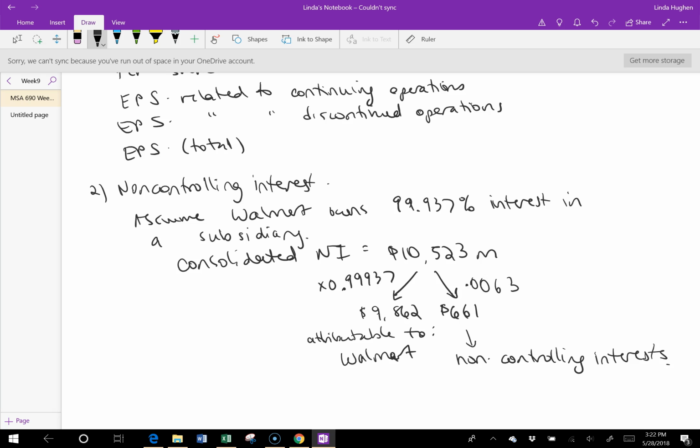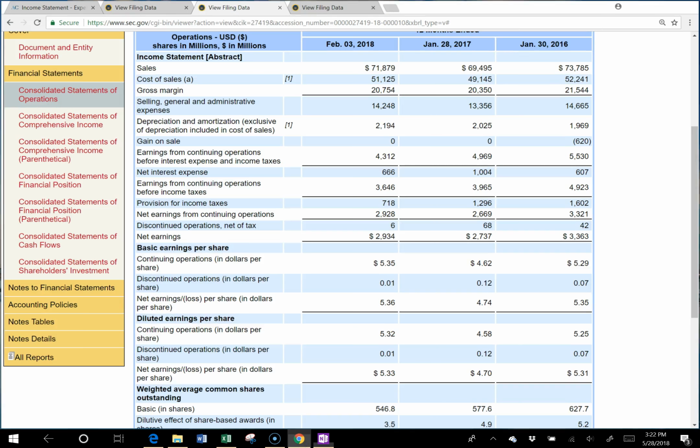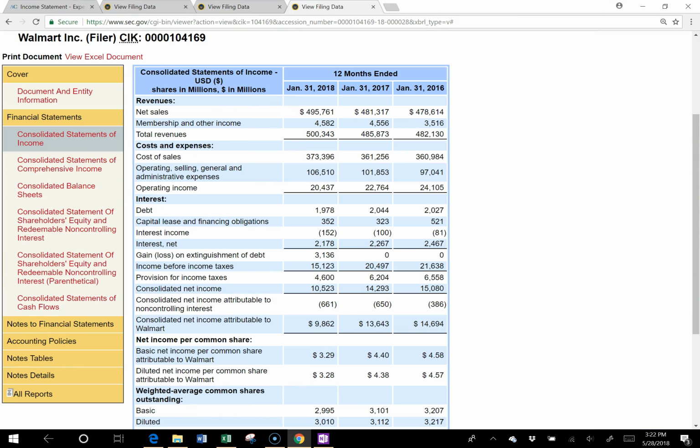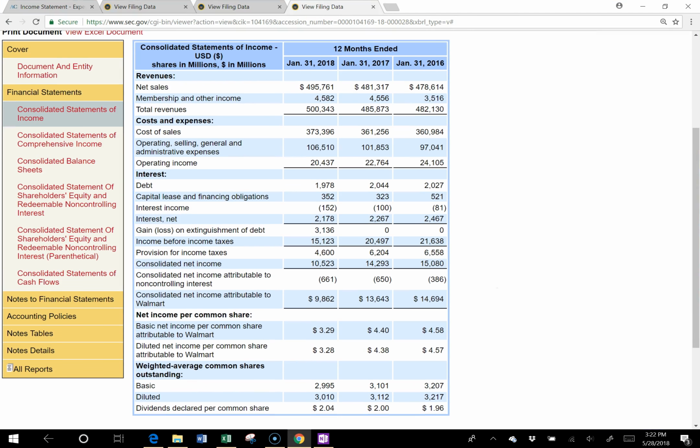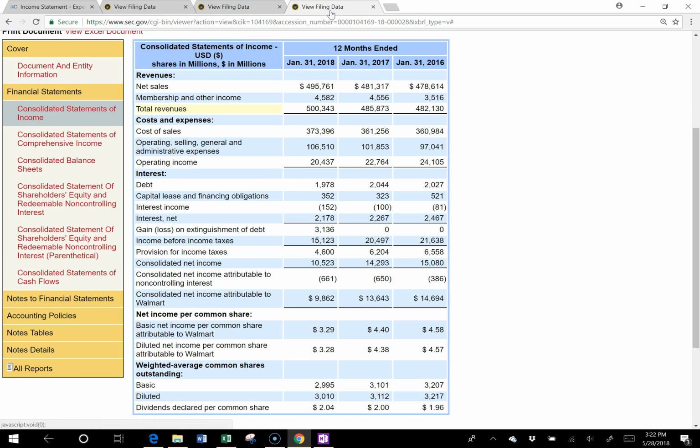And let's take a look at Walmart's income statement. All right, so we see Walmart's revenues, operating income, lots of interest information. Here's the net interest. This is another other gain or loss. In this case, it's a gain on extinguishment of debt. Income before taxes, income after taxes, or simply net income.